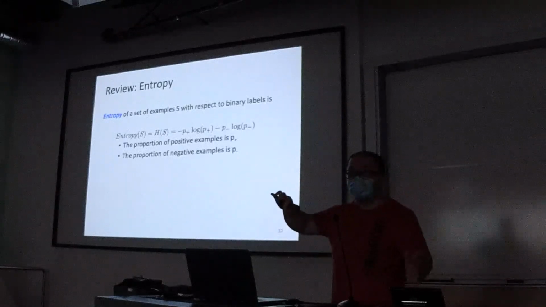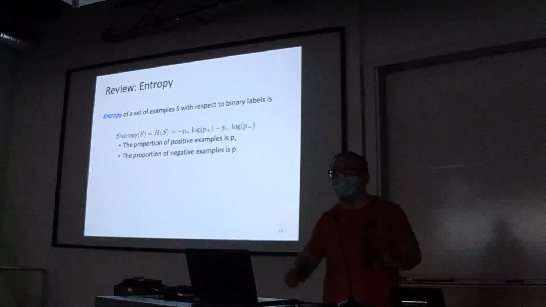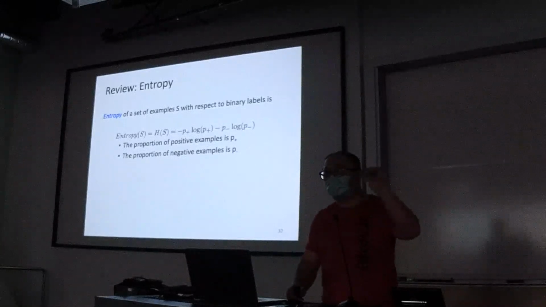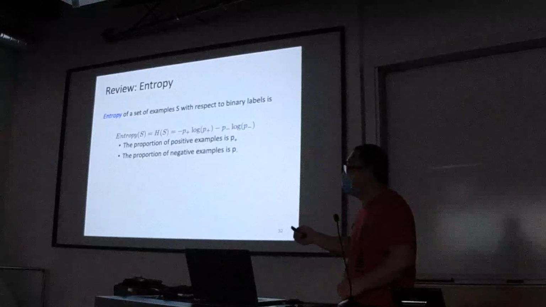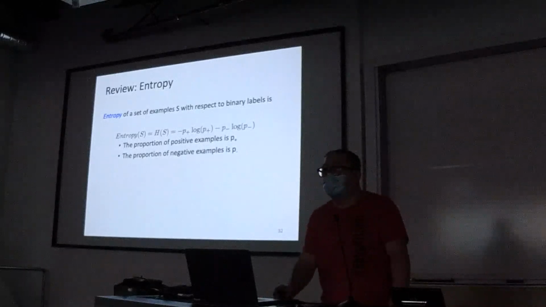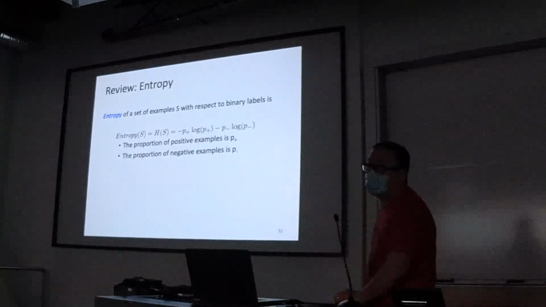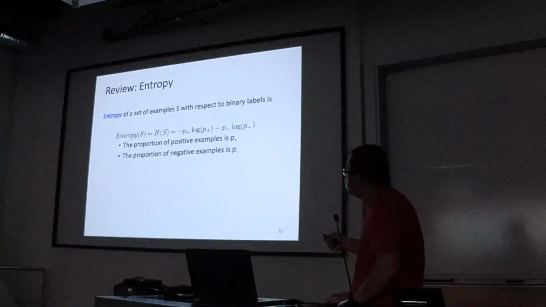But if your labels are quite unbalanced, where positive dominates the negative labels, like a 90% chance you get positive and only a 10% chance you get negative, then your uncertainty is much, much less. So let us look at the definition first. The entropy for a set of examples is defined as follows.